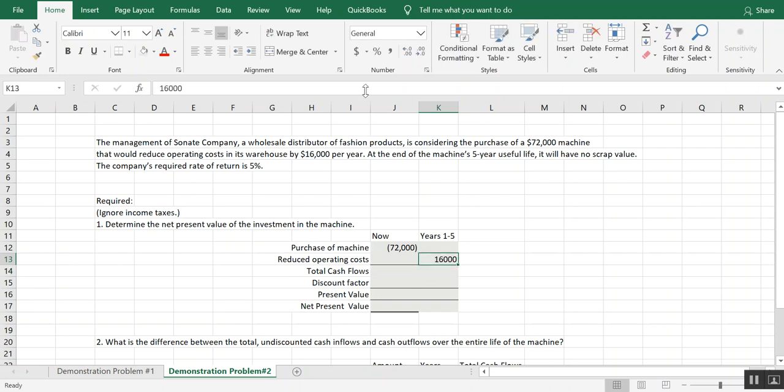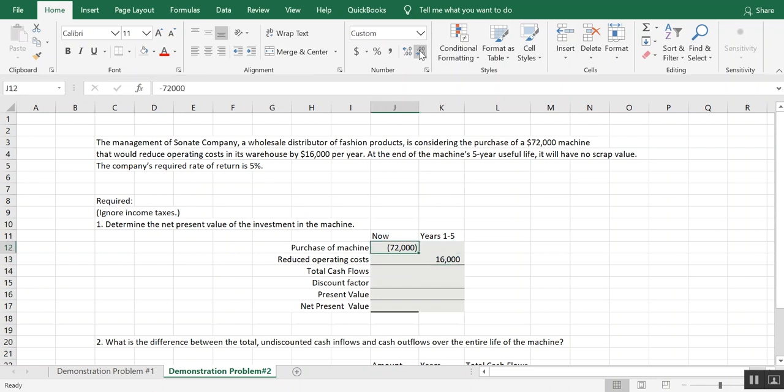So we're going to put that in as a positive because it's a cash inflow. This is negative because it's a cash outflow. So the total cash flows for the investment is going to be a negative $72,000 in the current year and a positive $16,000 for years 1 through 5.